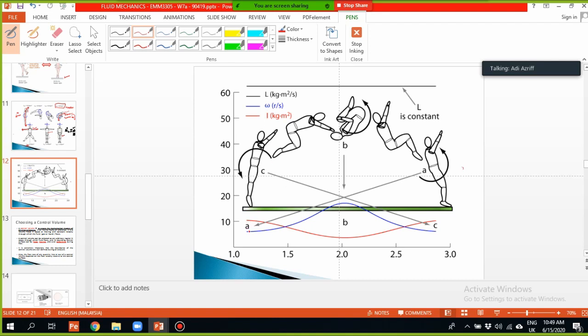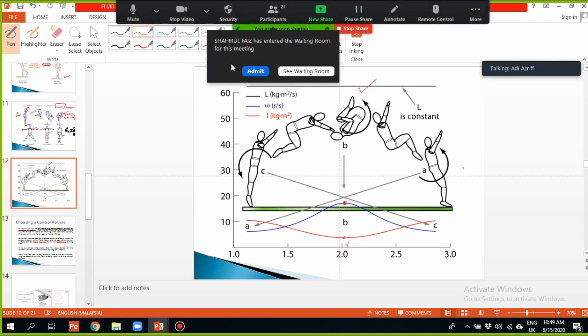So when you have a low omega, you have a higher I. The peak happens at this position because your I is the smallest, with the shortest distance from your center. So you produce a lower I, lower moment of inertia.